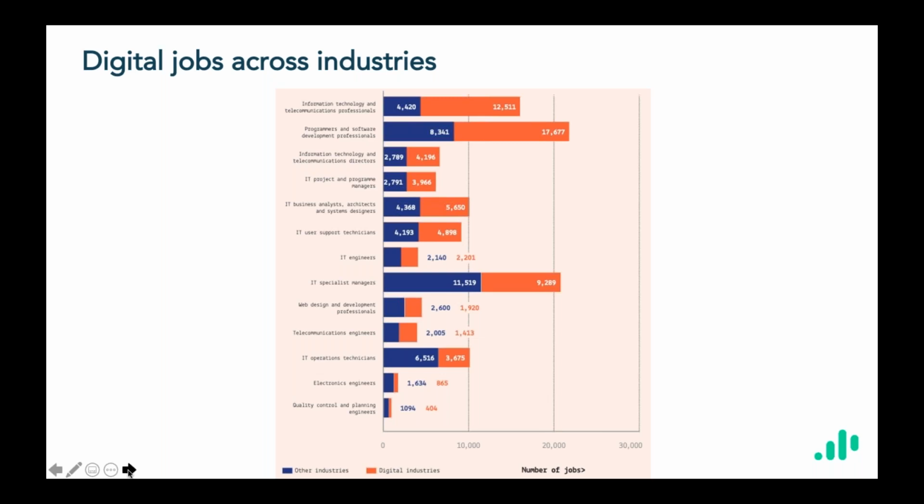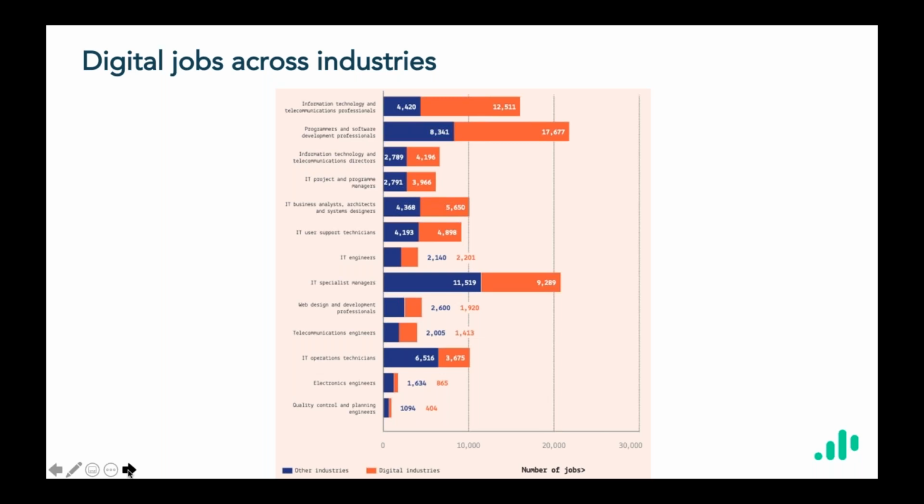So this is really interesting. So in other words, digital and IT jobs are employed across a wide range of sectors. So therefore, digital skills are absolutely needed across an array of sectors, not just within the digital sector itself.